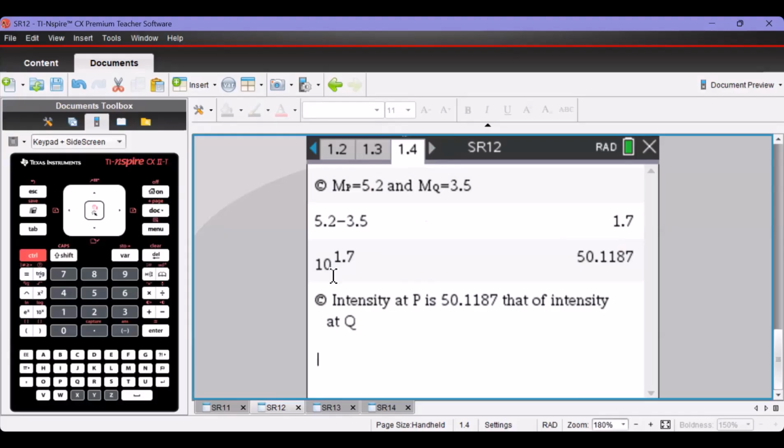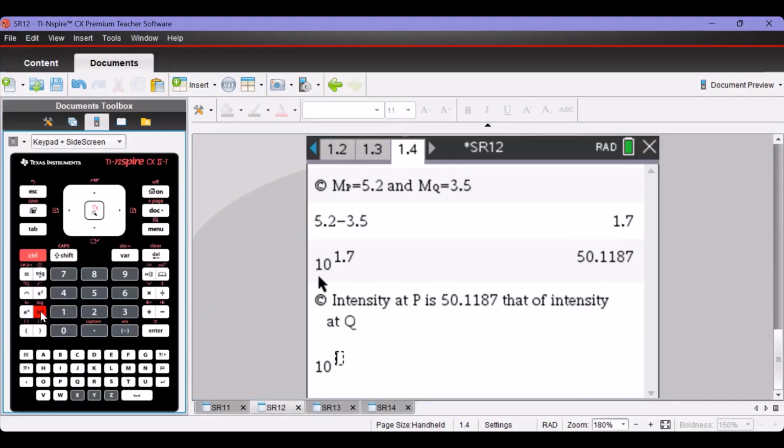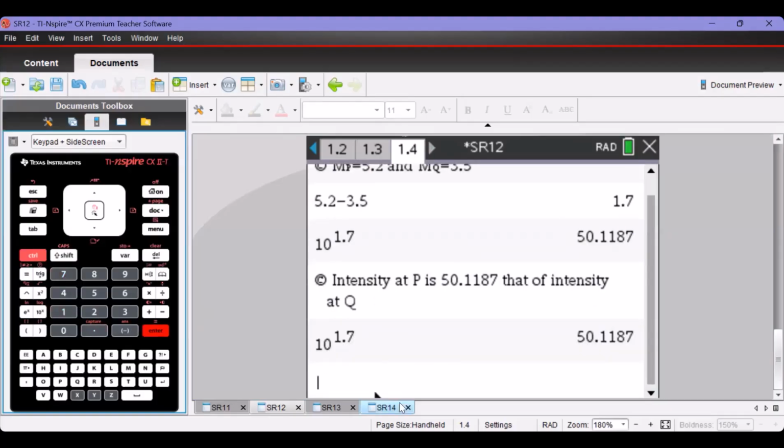You have a 10 to the power of x button, so it's just a matter of pressing it, entering 1.7 and pressing enter. And we can therefore conclude that the intensity of the earthquake at P is 50.1187 times that of the intensity of the earthquake at location Q. And so we've answered that question correctly.